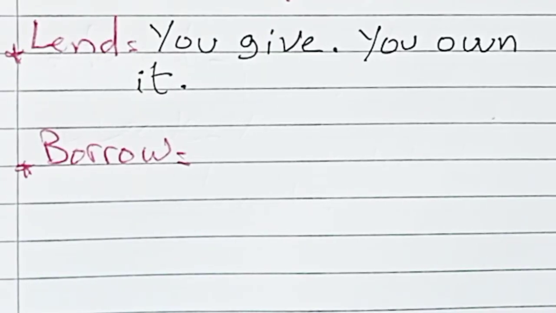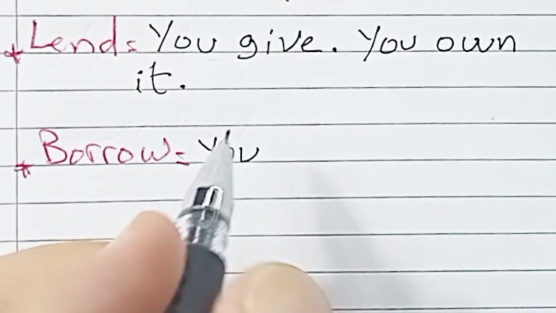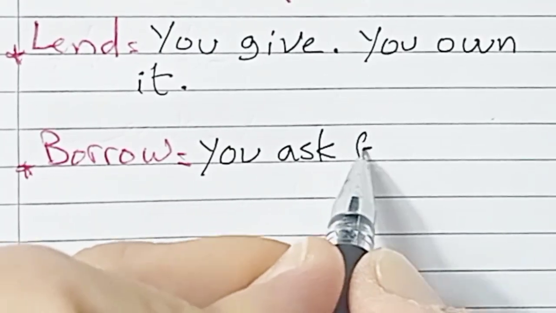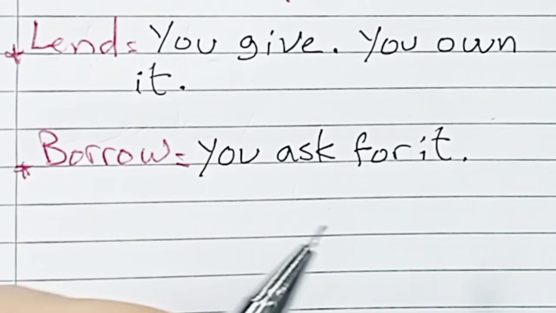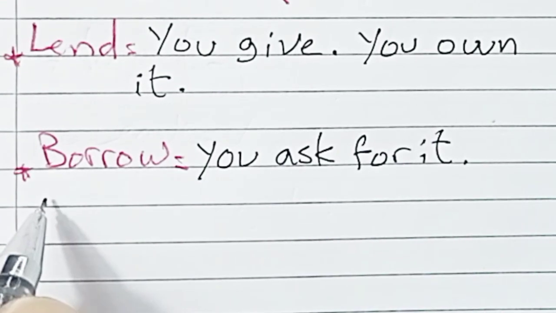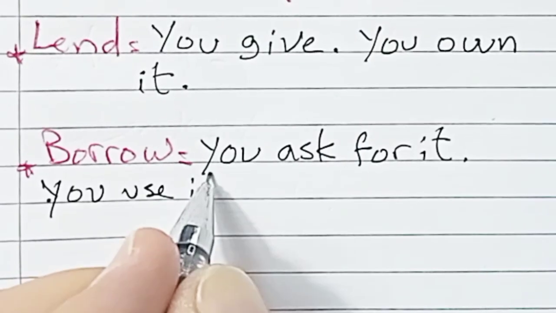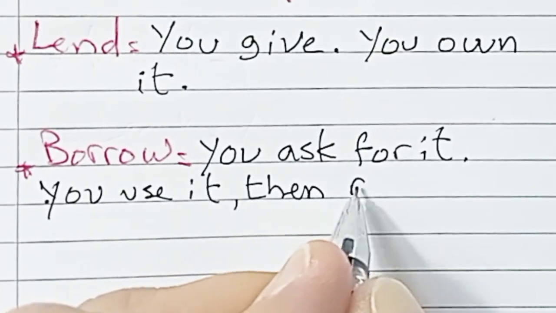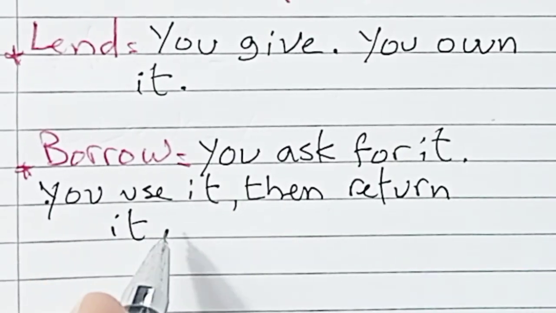Borrow is just the opposite. You receive or you take or you ask for something. It means you are not the owner of that thing. You just use it for a certain period of time and then you return it back to its actual owner.